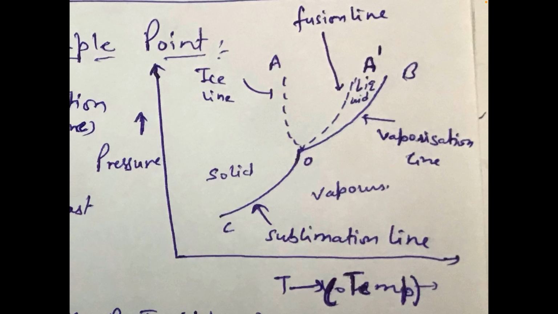OC is a sublimation line which shows the process of conversion of a substance from solid to vapor state. On the left side of the sublimation line, the substance is in solid state, and on the right side of the sublimation line, the substance is in vapor state.